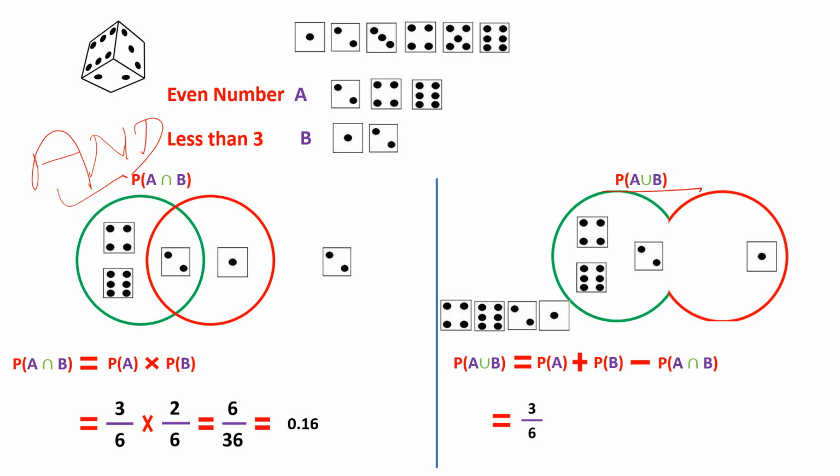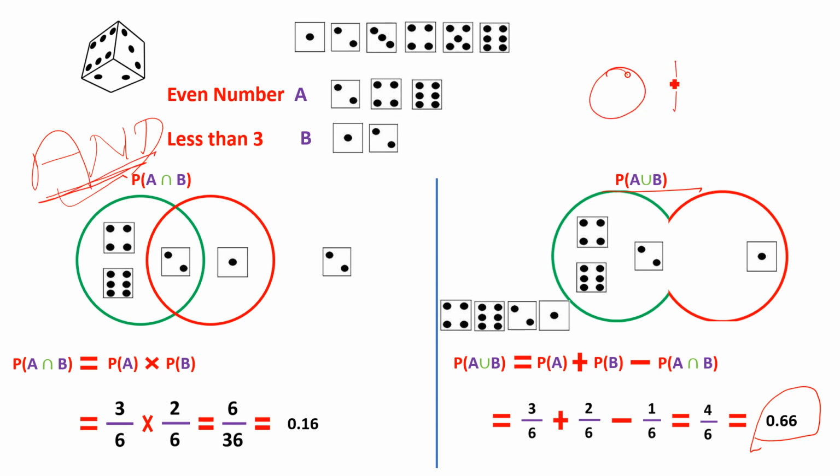Let's put it this way: 3 by 6 plus 2 by 6 minus 1 by 6, and when we solve this we get 4 by 6, which is finally solved to 0.66, or you can say 66%. So this is the comparison between the AND event and the OR event, or we can also say intersection and union event.